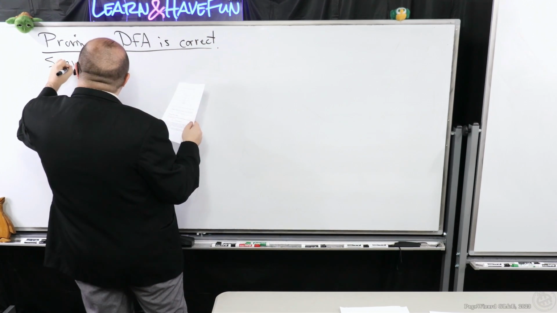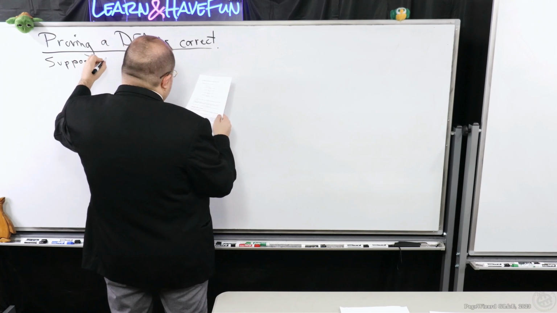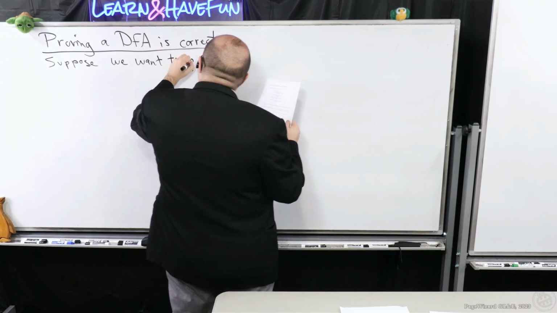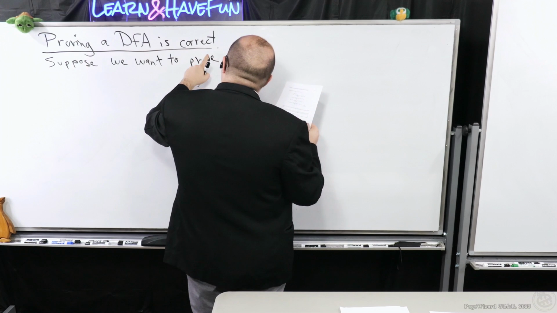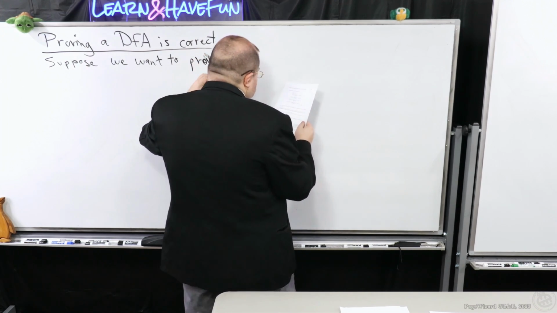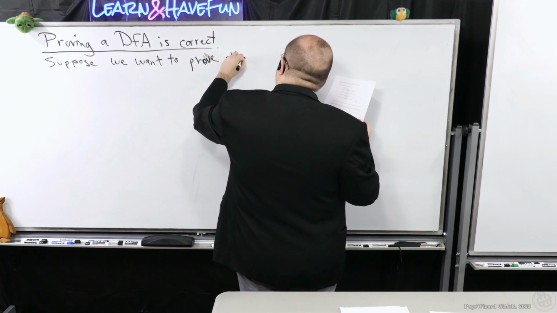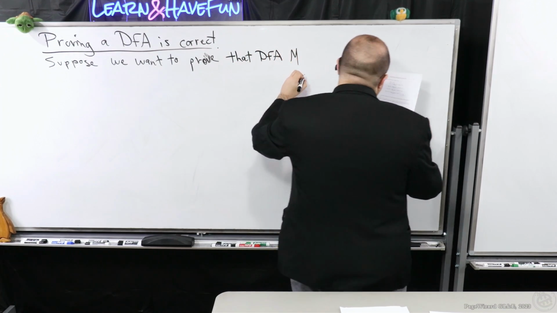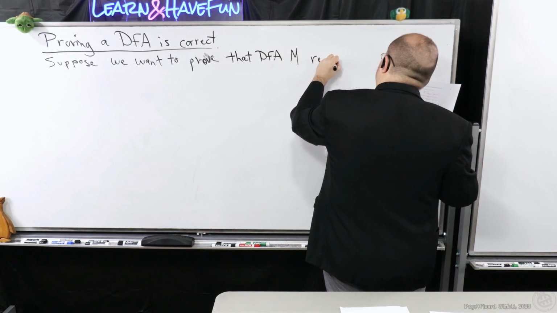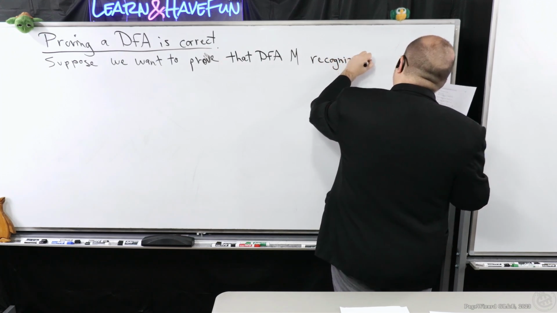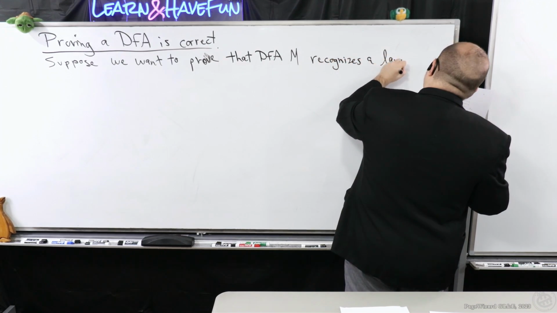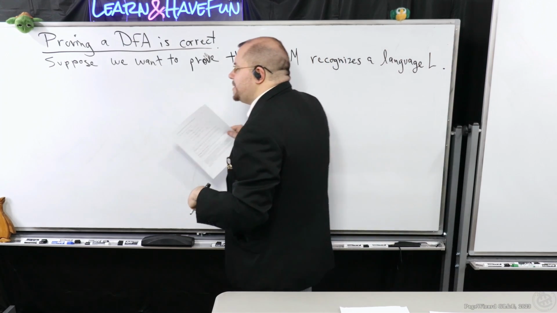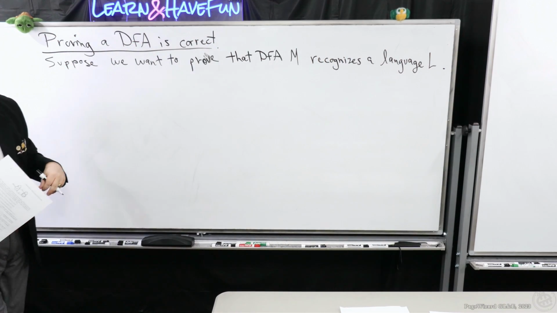Suppose we want to prove that some DFA M recognizes a language L. Seems like a pretty sensible thing to try to do. You want to make sure your DFA is correct, right?